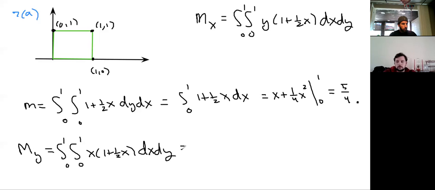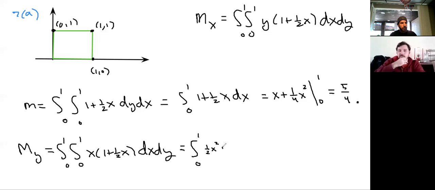Now, this guy, if I integrate x first, and please stop me at any time if you have a question. I sometimes forget that you guys don't integrate as much as I do, so maybe you're missing it. When I integrate the x, I have an x, so this becomes 1/2 x squared.